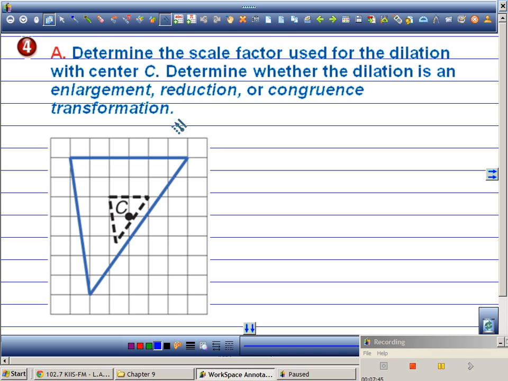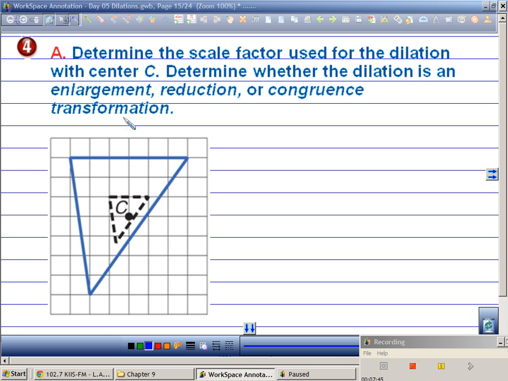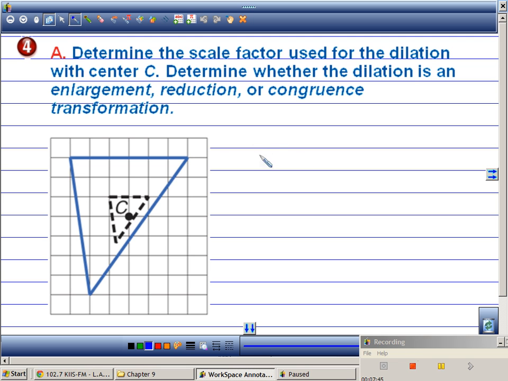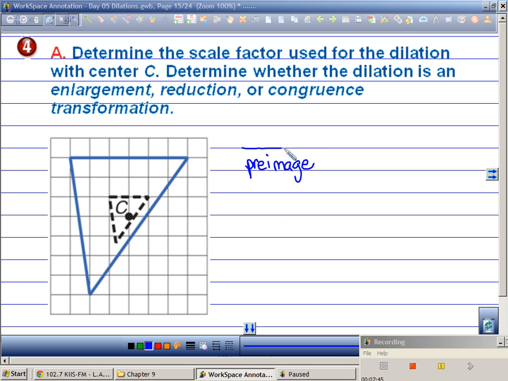Determine the scale factor used for this dilation. Here's the key, just real quick. All you really need to know is that the preimage goes in the denominator, because that's what we're comparing to, right?